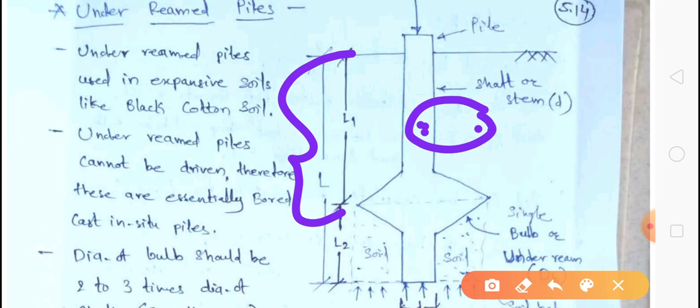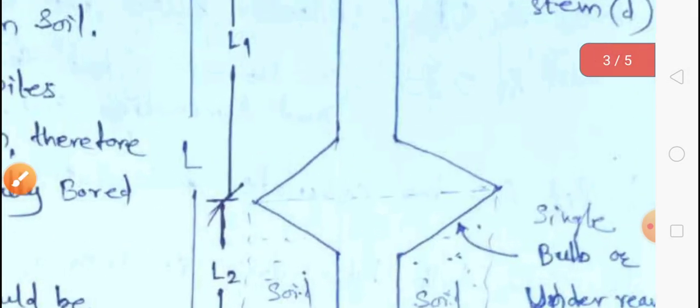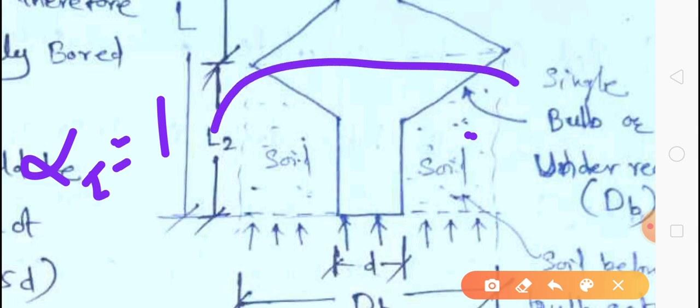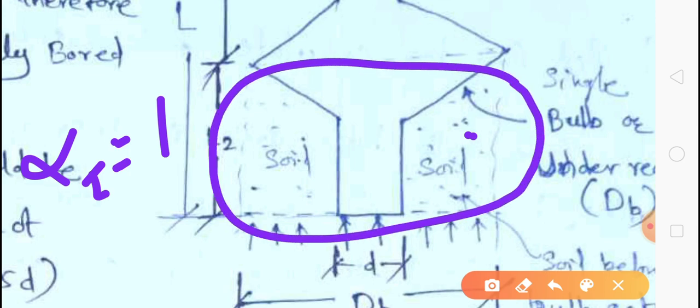Now for L2, I have taken alpha 2 equal to 1, because this whole portion becomes pile. This soil behaves like a pile, and the surrounding is again soil.